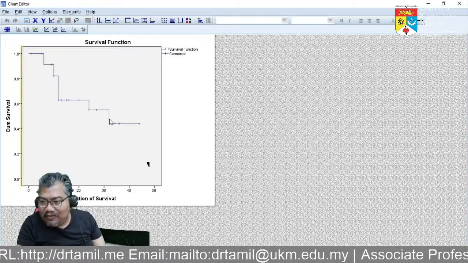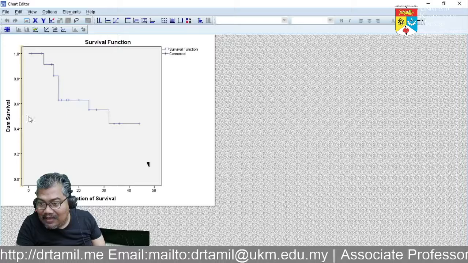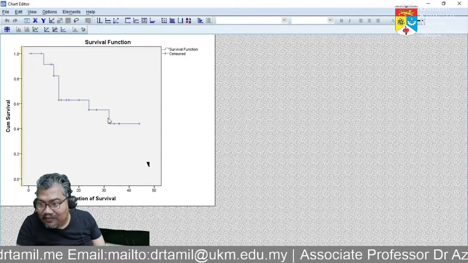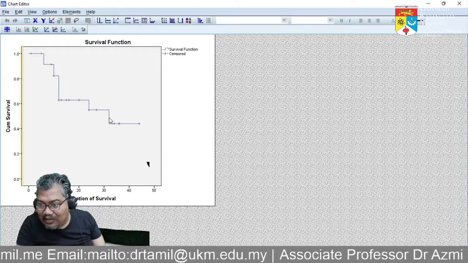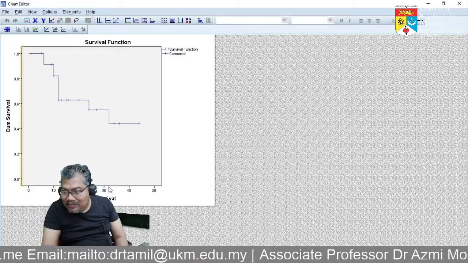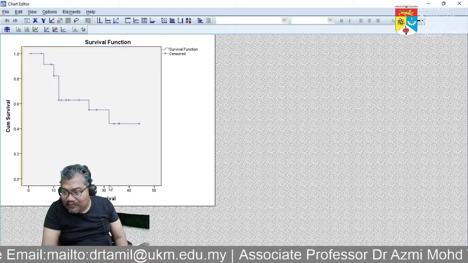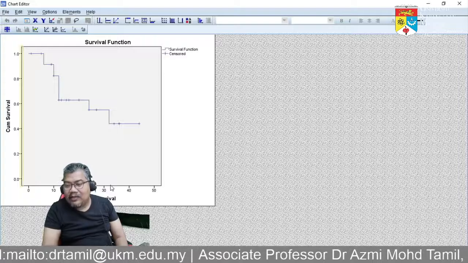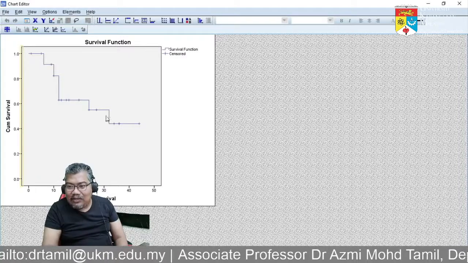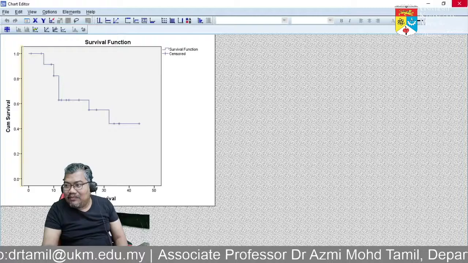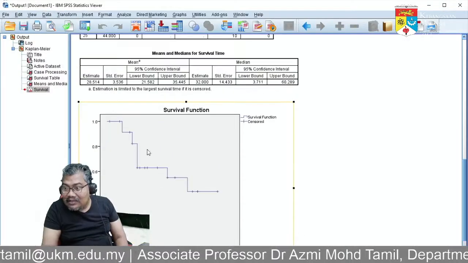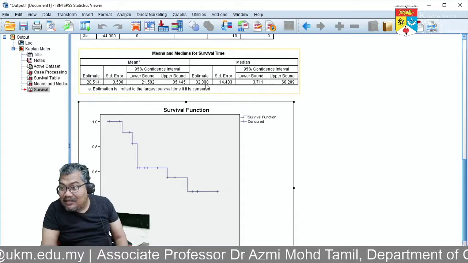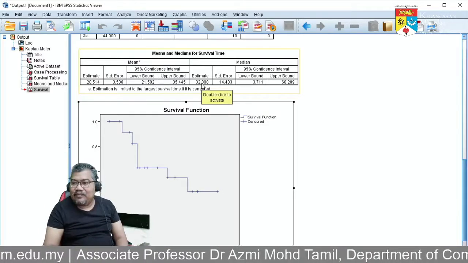So this is the median survival. Based on this, you go down, and the median survival is around 32 weeks. That is how we know the survival median.